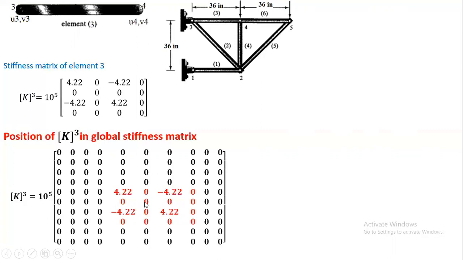Next 6 6, 6 7, 6 8, 7 6, 7 7, 7 8, and this one is 8 6, 8 7, 8 8. You can write u1 v1 u2 v2 u3 v3 u4 v4.